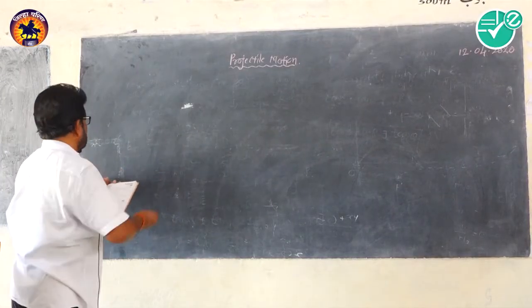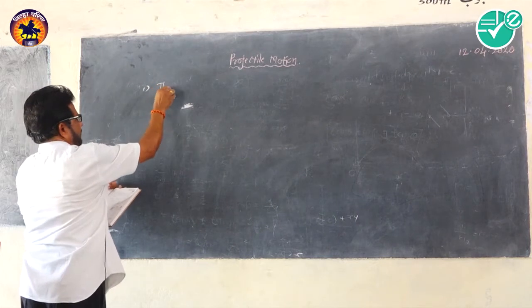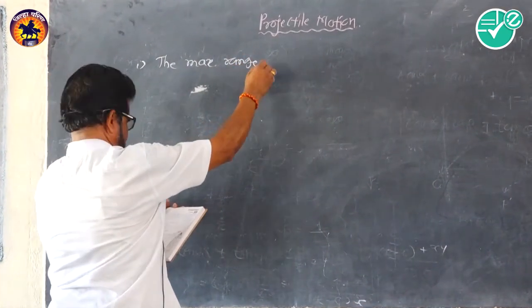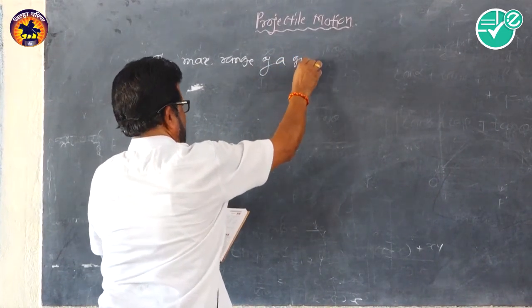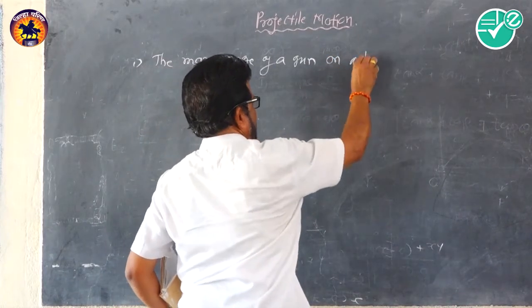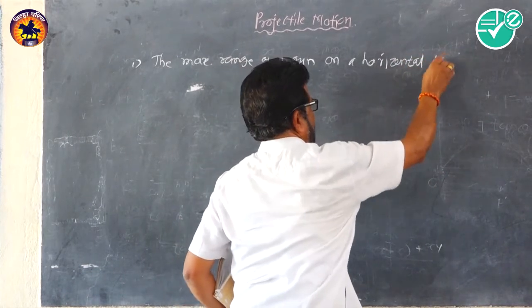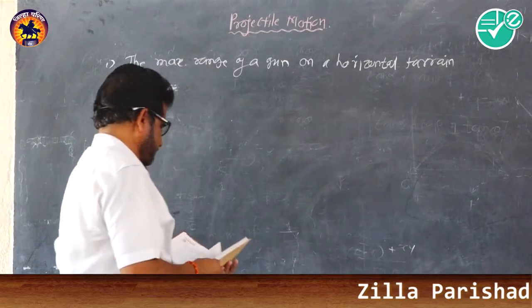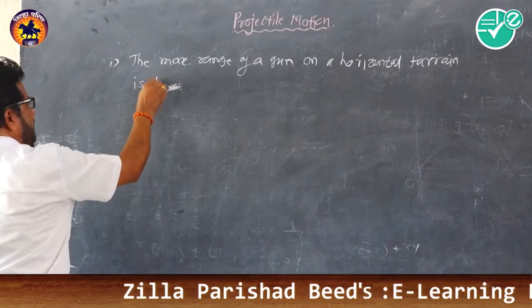The problem is like this. The maximum range of a gun on a horizontal terrain is 16 kilometer.